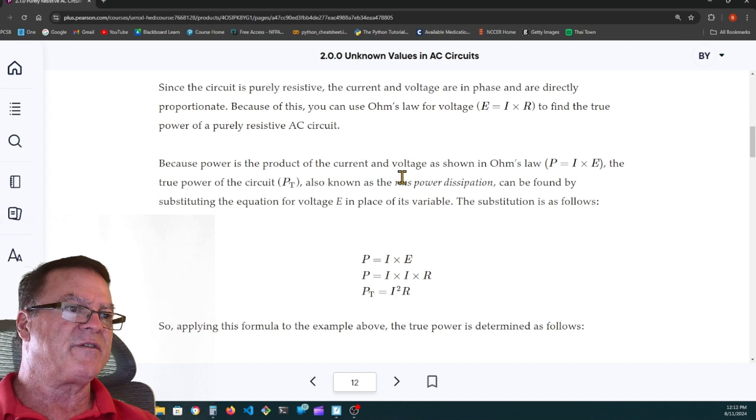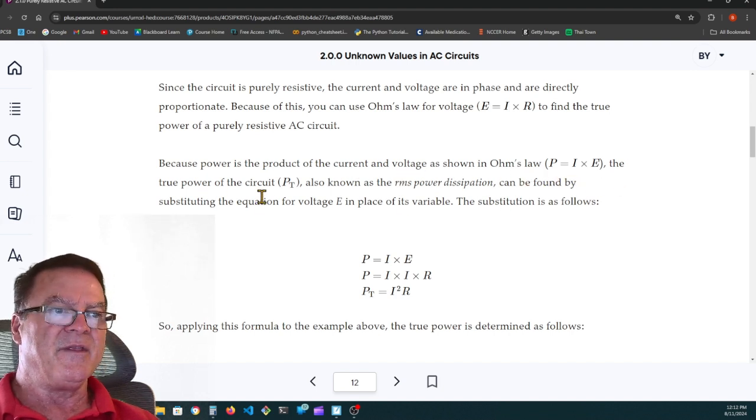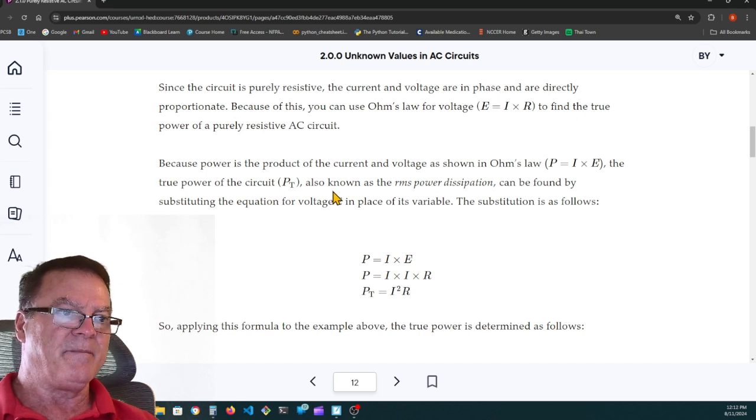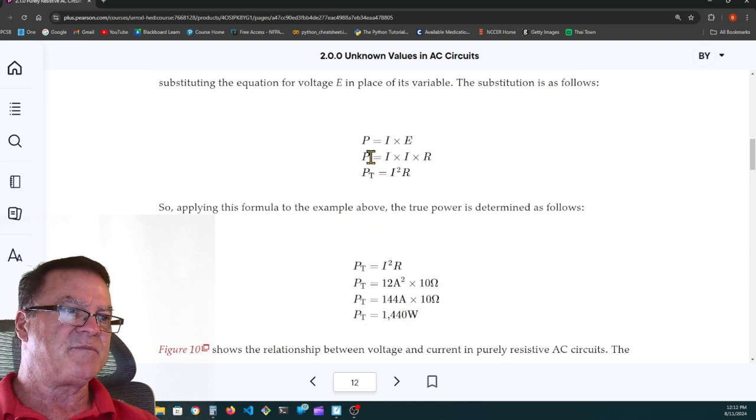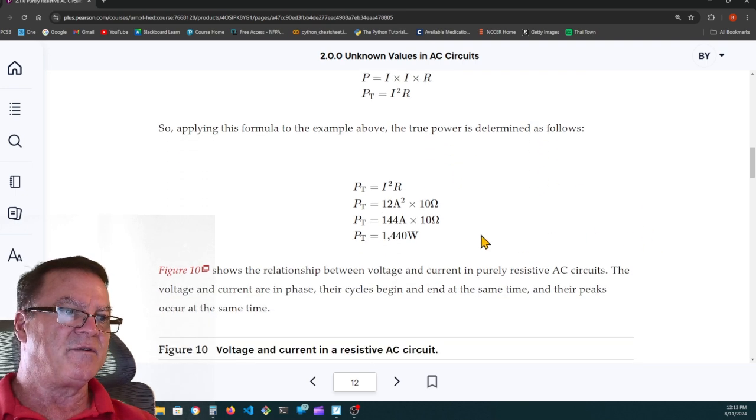Because power is the product of the current and the voltage as shown in Ohm's law, P equals I times E. The true power of the circuit, also known as the root mean square power dissipation, can be found by substituting the equation for voltage E in place of its variable. So it says P equals I times E, or P equals I squared times R. Applying this formula to the example above, the true power is determined as follows.